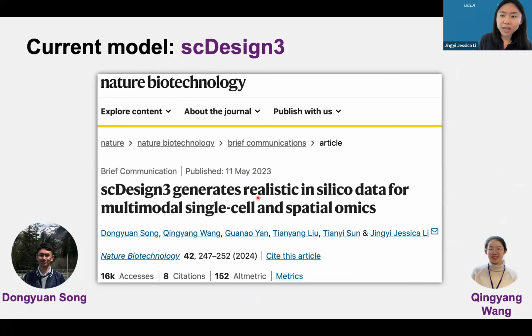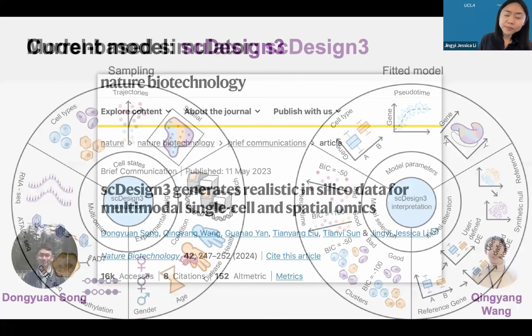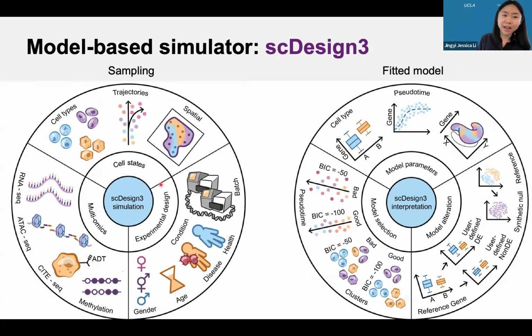What we hope to achieve is to first do simulation on the left. So simulation is essentially sampling from our fitted model. Second use is to use the fitted model to get some interpretation. So let's first look at sampling, what we want to achieve. We hope to be able to generate multi-omics features, not just gene expression, but also the open DNA regions, proteins, DNA methylation.